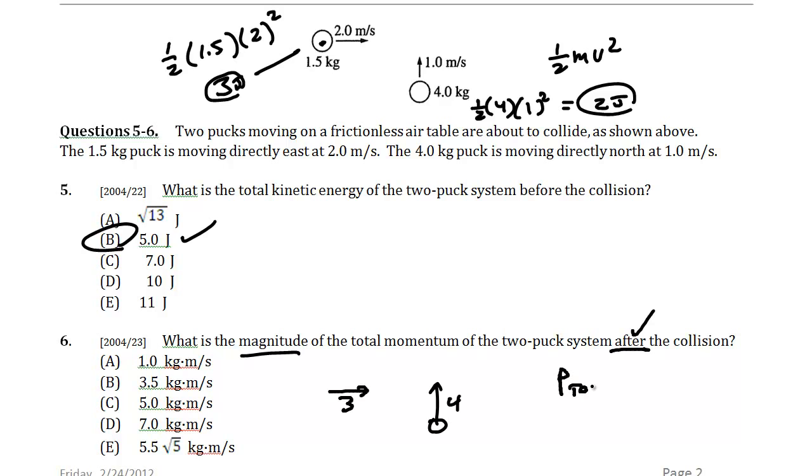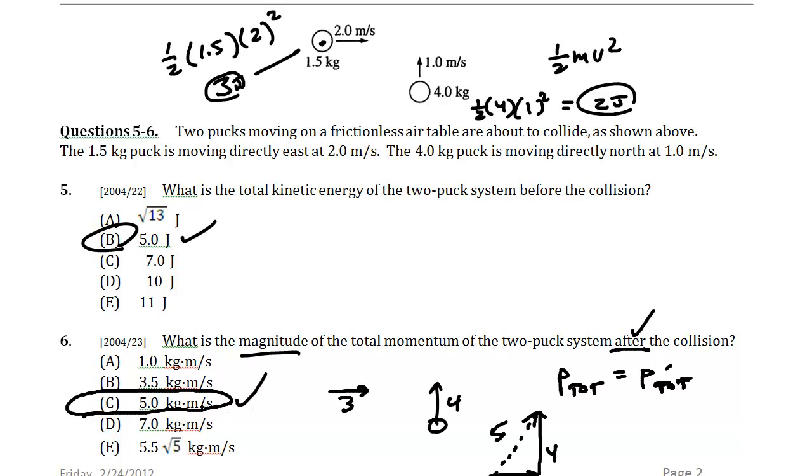This is a law of nature. It's observed. The momentum in collisions is conserved. So the momentum before is 3 units this way plus 4 units this way, and we have our little 3, 4, 5. Thank you, AP. And this is our answer, 5 kilogram meters per second. 3 squared plus 4 squared is 5 squared.